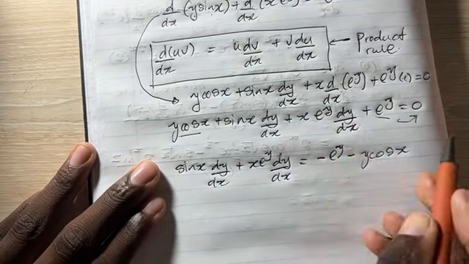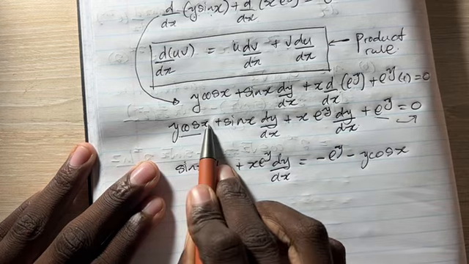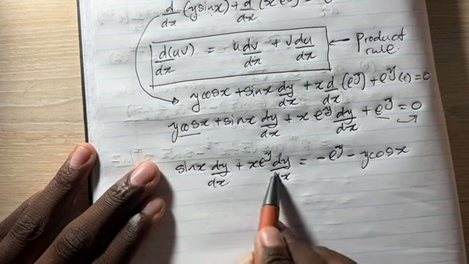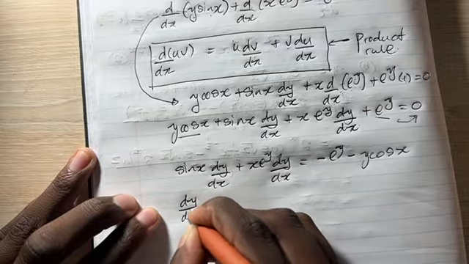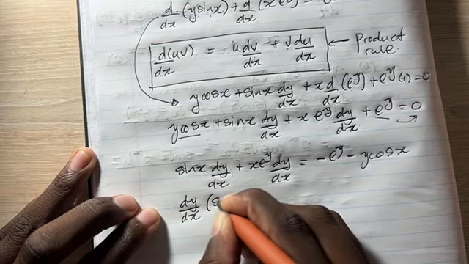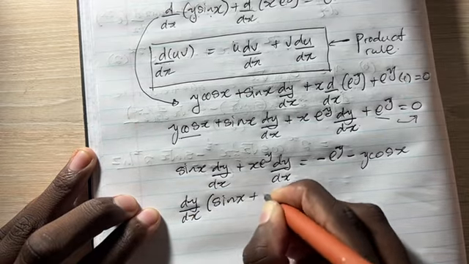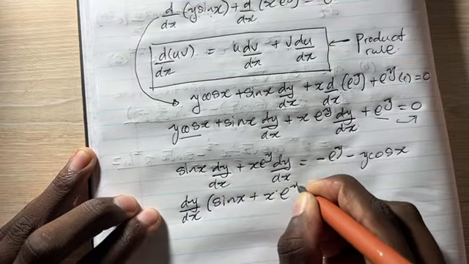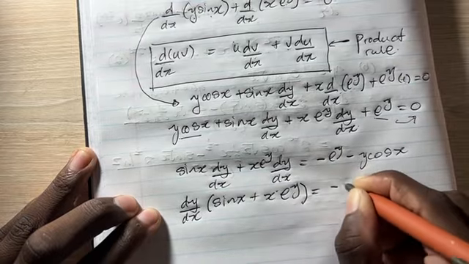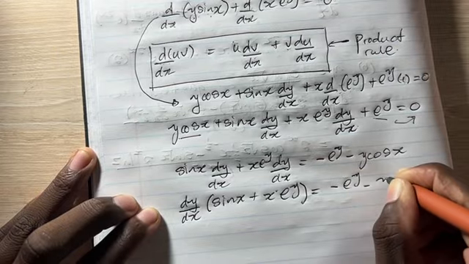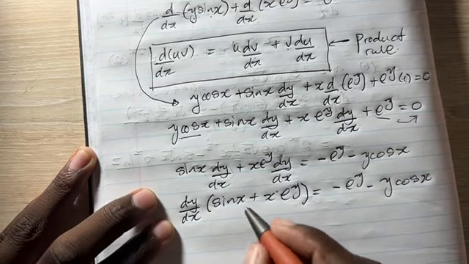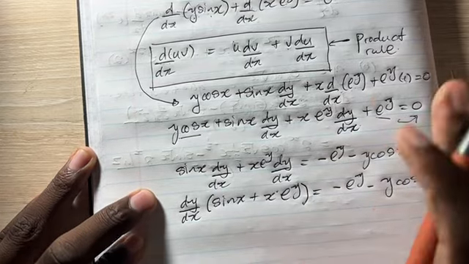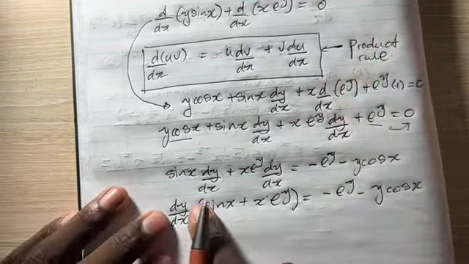These guys went to the other side, this guy and that guy. Now let's take out dy on dx as a common factor. dy on dx times sine x plus x e to the y equals minus e to the y minus y cos x. Sorry.